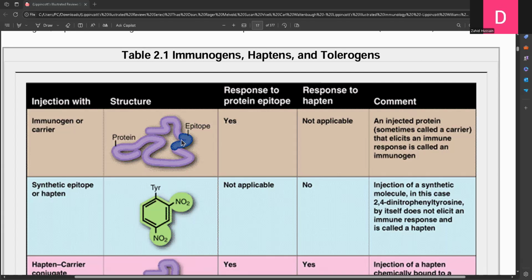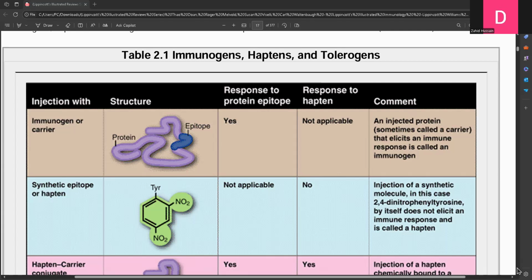If they have epitopes, then the immune system will respond to the protein epitopes, and this response is not applicable to haptens. An injected protein, sometimes called a carrier, that elicits an immune response is called an immunogen.